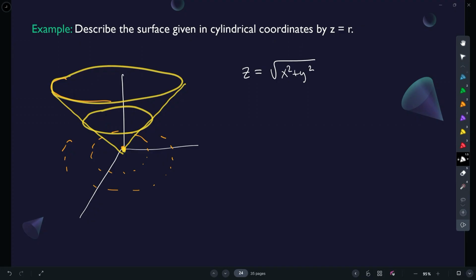Or if you square both sides, I get z squared is equal to x squared plus y squared, which is a double cone. But notice that I can't have z being negative because the radius cannot be negative. The radius is always positive. So I don't really have the lower part of the double cone in my shape. So it is a cone.